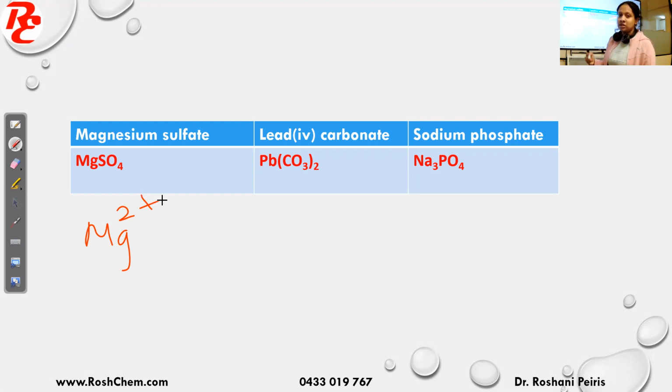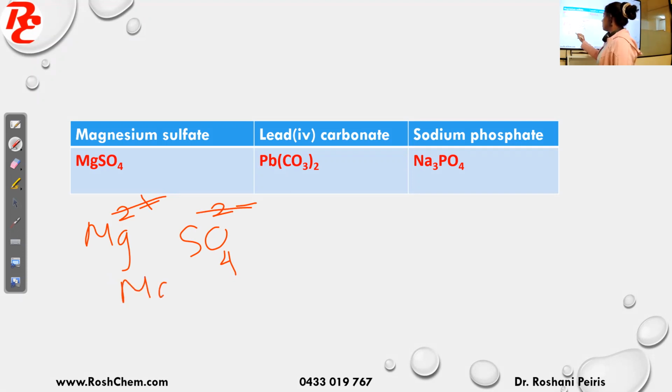Sulfate is in that polyatomic ion table, so now you find it. Sulfate is SO4, 2-. So in this case, you don't have to crisscross because you have the same charges, right? So 2+ and 2-, where you can cancel, right? So you can say MgSO4. That's the formula of magnesium sulfate.